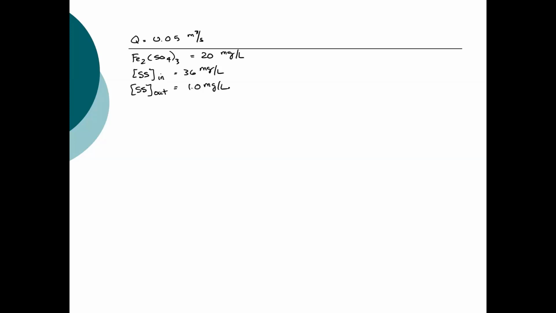So we've got a conventional treatment plant. We've got rapid mix, we've got flocculation, we've got sedimentation, and we've got the sludge from the sedimentation.